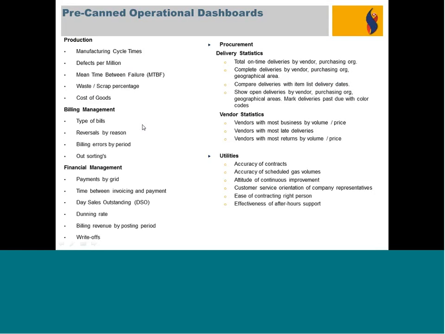You have billing management capability. You have the financial management. And on the procurement side, you can easily compare deliverables from time of date. You can manage vendor information and buyer information here in the procurement dashboard. And on the utility dashboard, you also have the functionality of maintaining accuracy of scheduled gas volumes, accuracy of contracts, and various KPIs that are really inherent to the utility side.